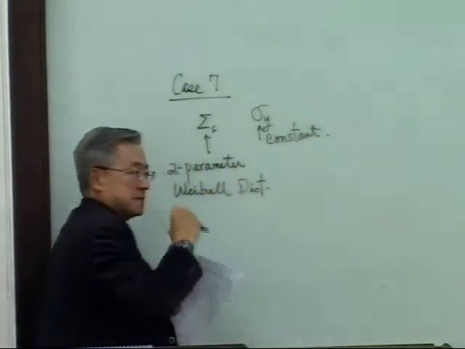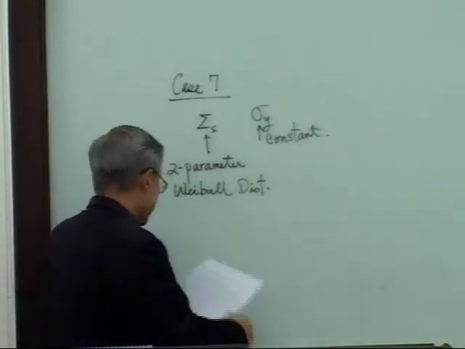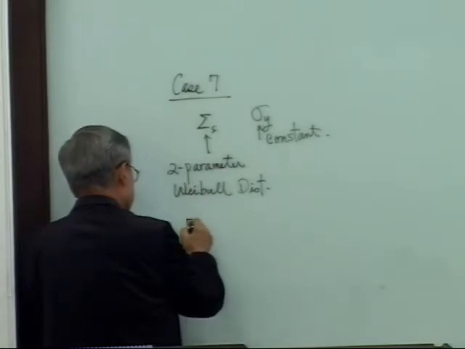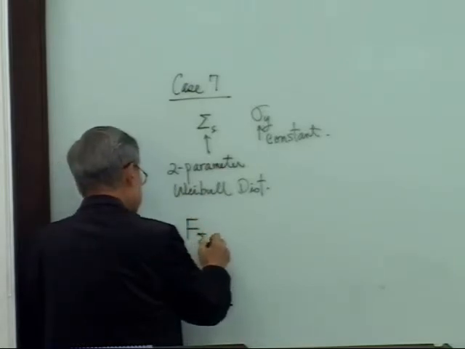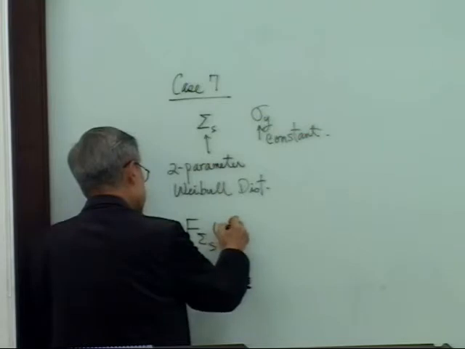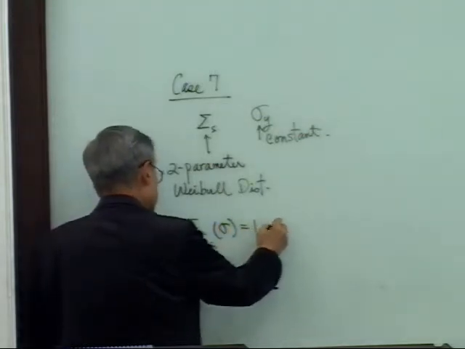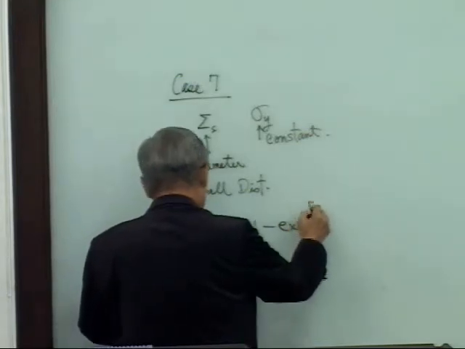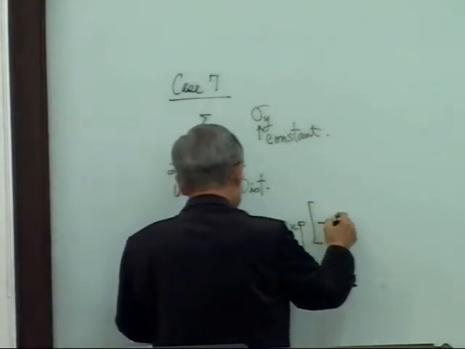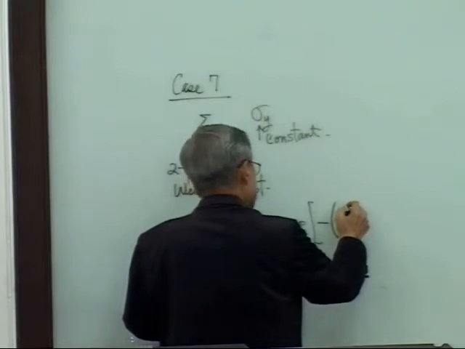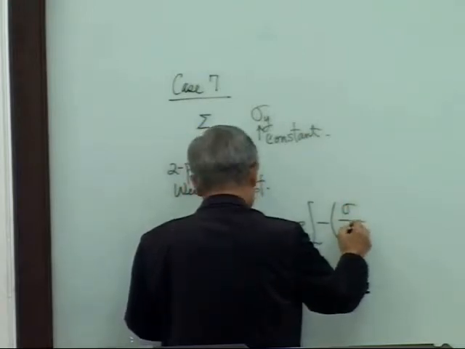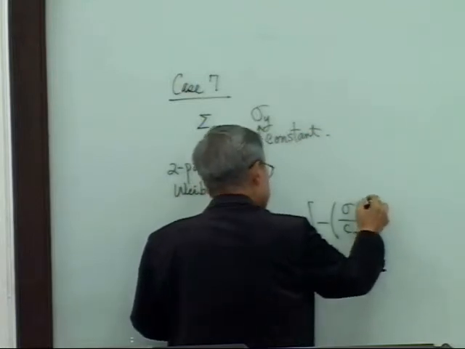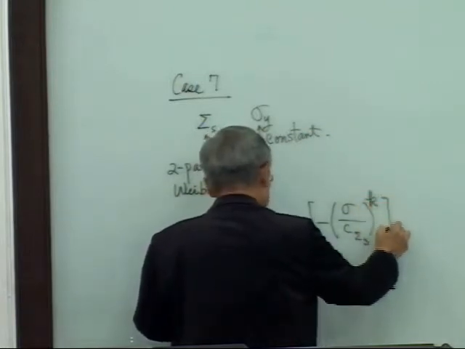The actual F of sigma S is equal to 1 minus exp minus sigma over C sigma S, to the power K. This is a 2-parameter.